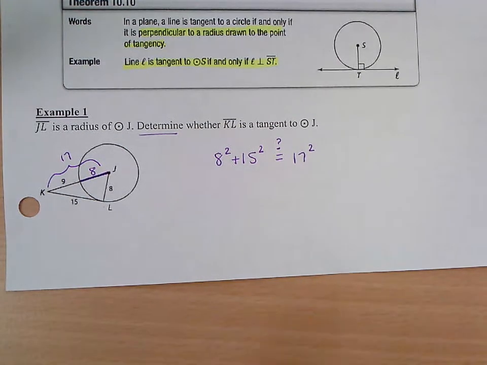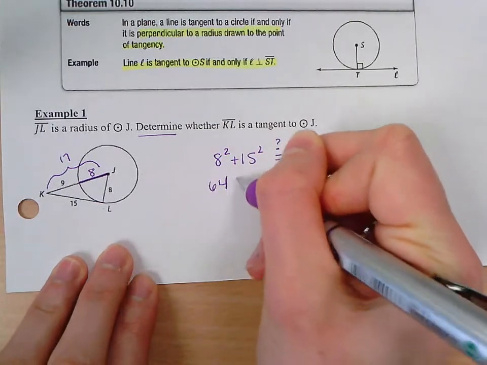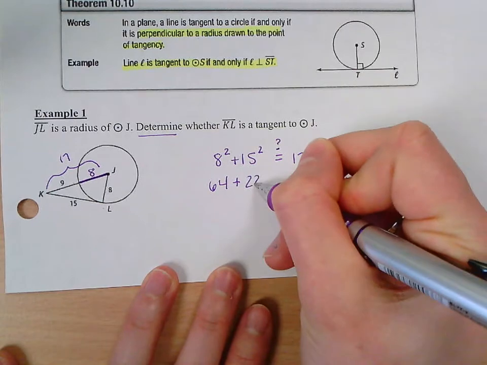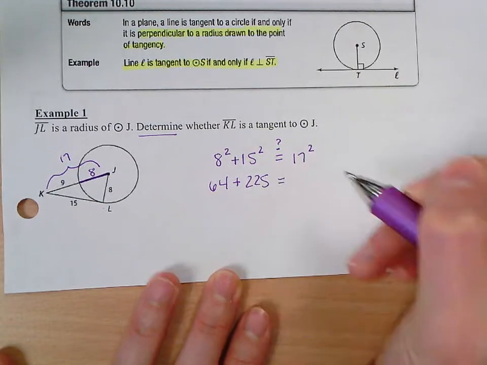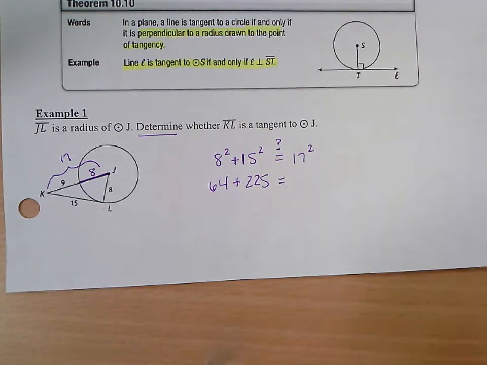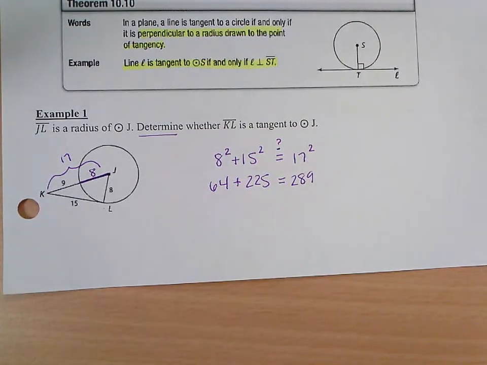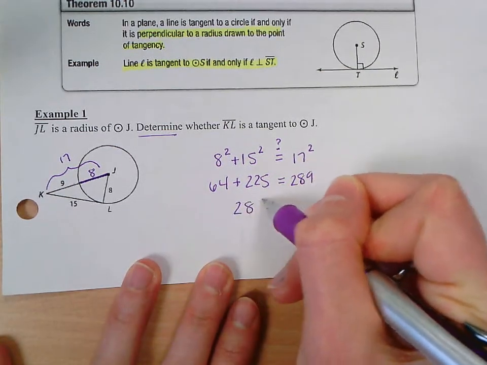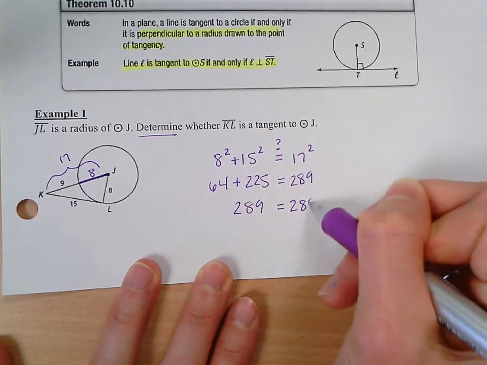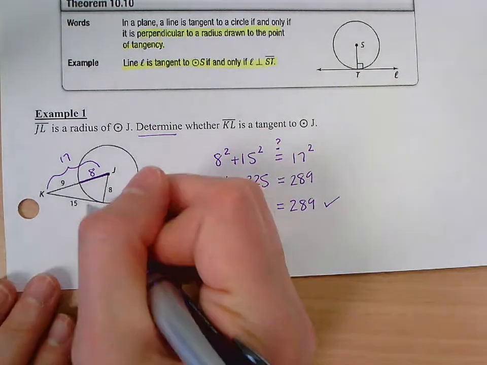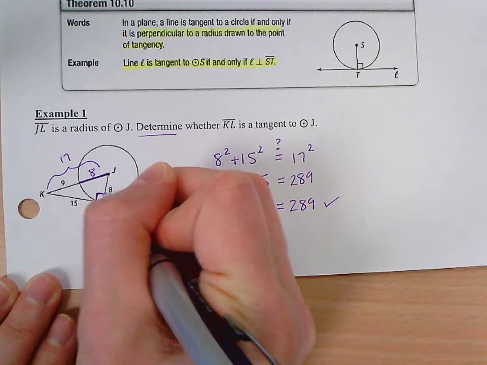So 8 squared is 64. 15 squared is 225. And then 17 squared is 289. So if I add 64 plus 225, that is 289, which is equal to itself. It does work out. So therefore, I know that this is 90 degrees.